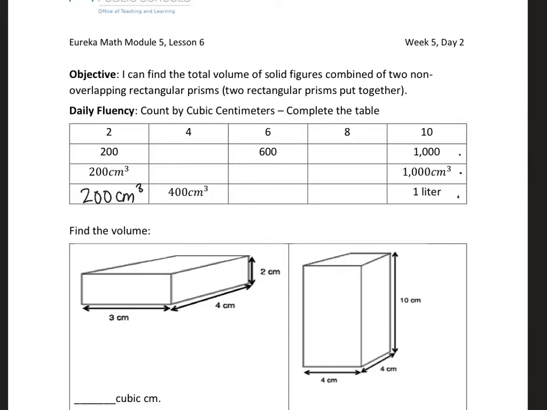Okay, so if we count 200, then next would come 400, then 600, then 800, then 1,000. Then we have 200 cubic centimeters, so next we're going to have 400 cubic centimeters, then 600 cubic centimeters, and I'm assuming this goes on the bottom too.